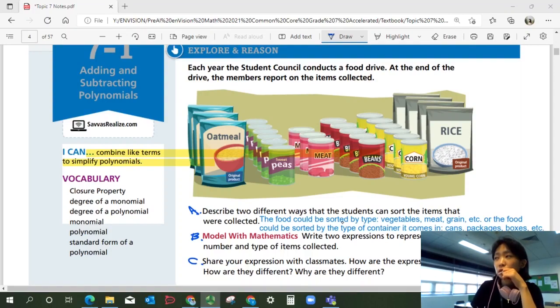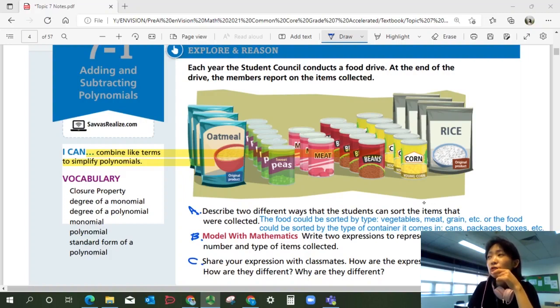If we sort them by the types, we can count how many vegetables there are, how many meat there are, how many grains there are, and then add them up. If we sort them by the type of container it comes in, then we can add how many cans they have and how many packages they have. I don't see any boxes, so that would be just 2 categories.